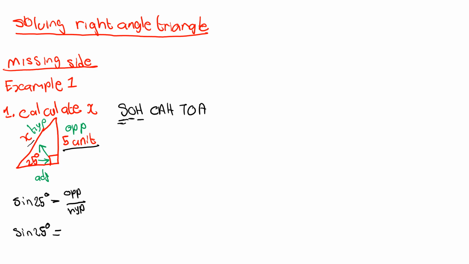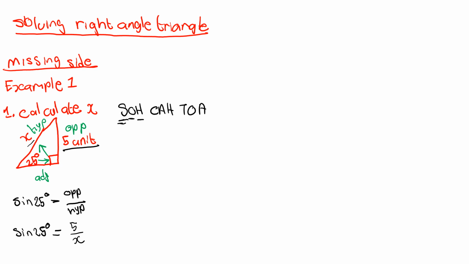So what do you have on your opposite? You have 5. You plug in your 5 right there, 5 over x, because x is your hypotenuse, and that's what you must find.